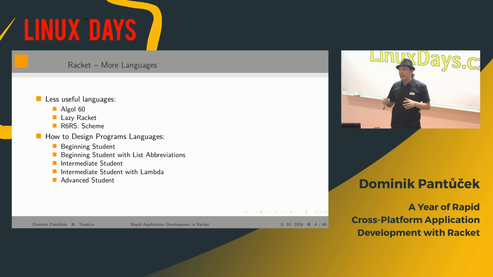How to Design Programs is a book written by Professor Matthias Felleisen, Matthew Flatt and a few others, which teaches beginning students with no prior programming experience how to design programs. It uses Scheme-PLT, now Racket, as the language of choice, but it uses simplified versions for the beginning student, with some functions added to it, the intermediate student with lambda, we'll get to lambda later, and the advanced student.